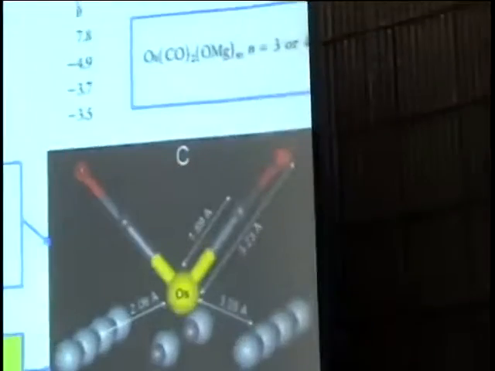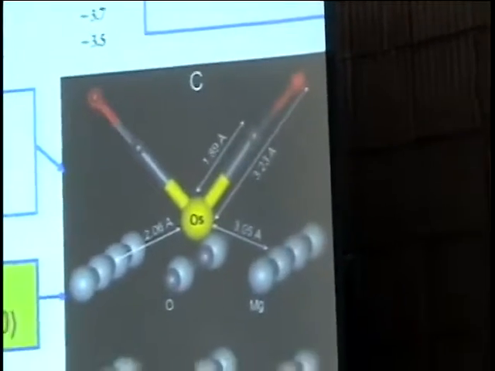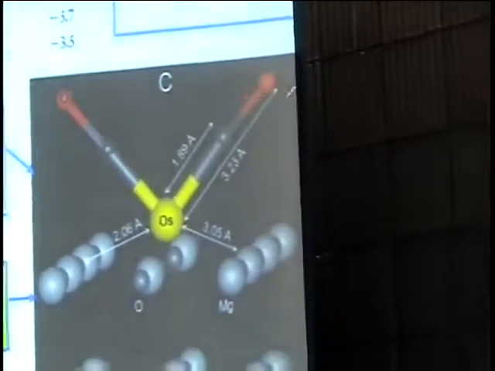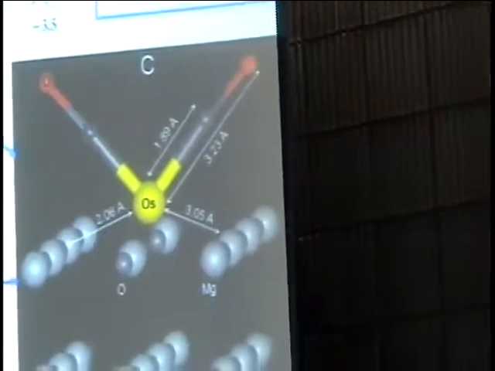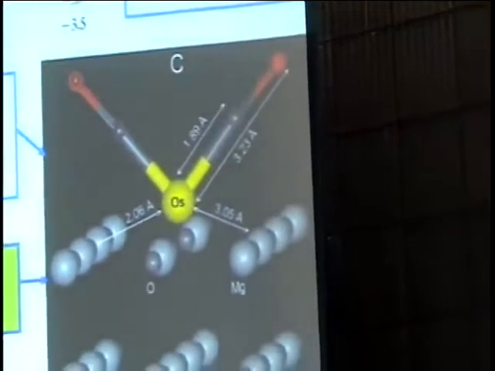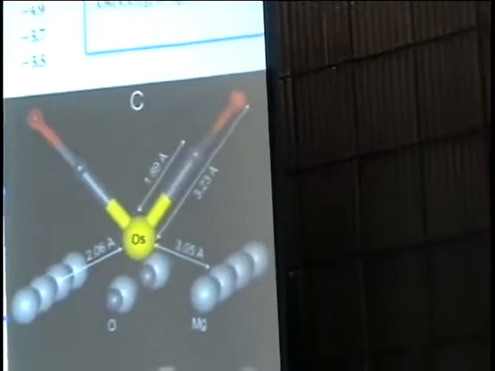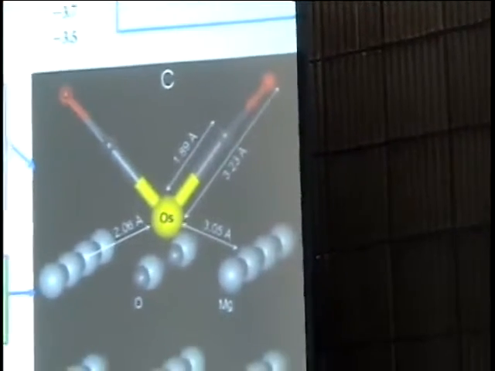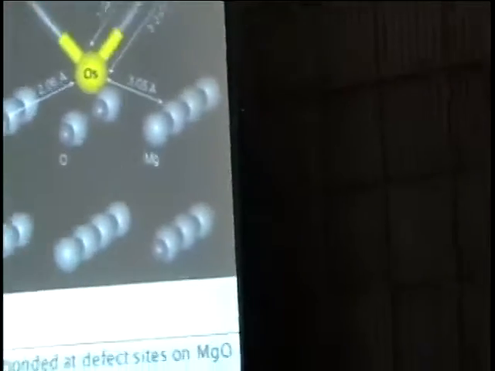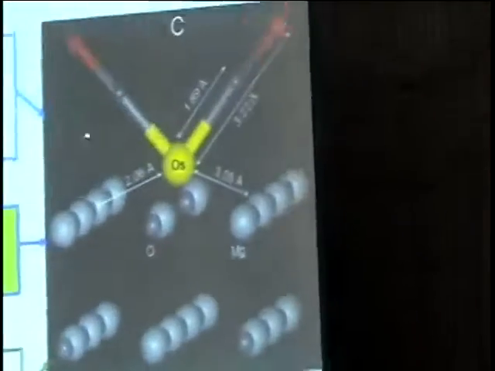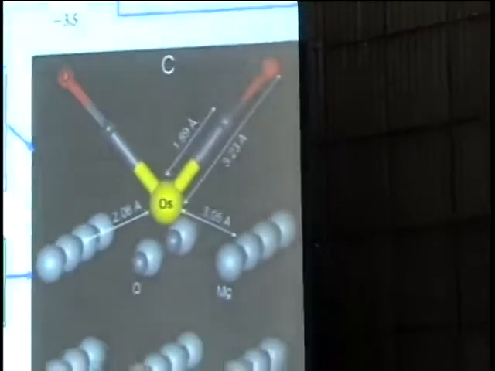And then we can put 2 carbonyl ligands in, and so we can determine a structural model, and I'm not going to show you all the details, but there it is quantitatively. And the important point about this is that if the osmium's bonded to 4 oxygens, and it's certainly bonded to approximately 4 oxygens, then the osmium-magnesium distance has to be greater than what it would be if the surface were ideal and intact.